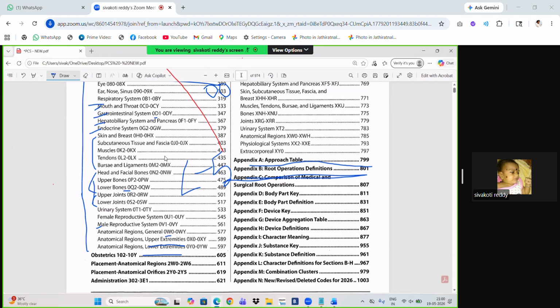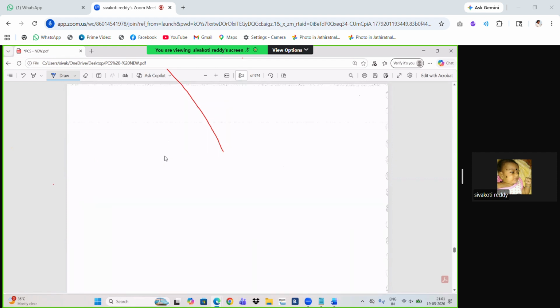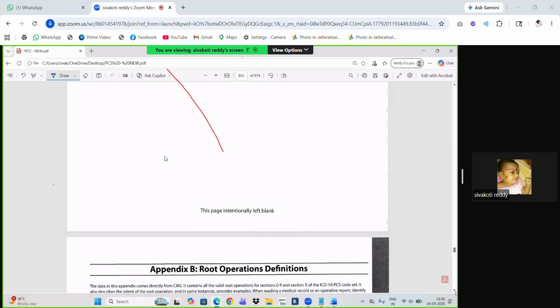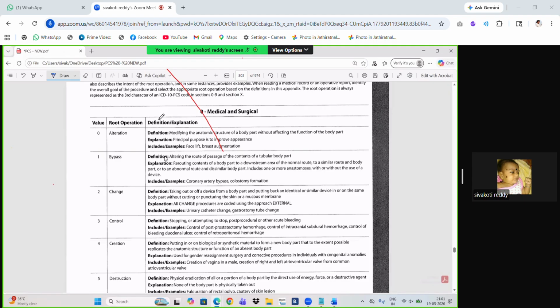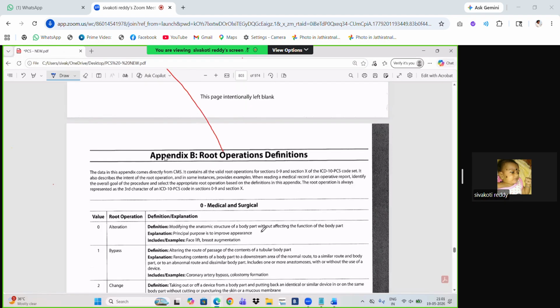On the previous page. Page 801. So here we have the root operation definitions.